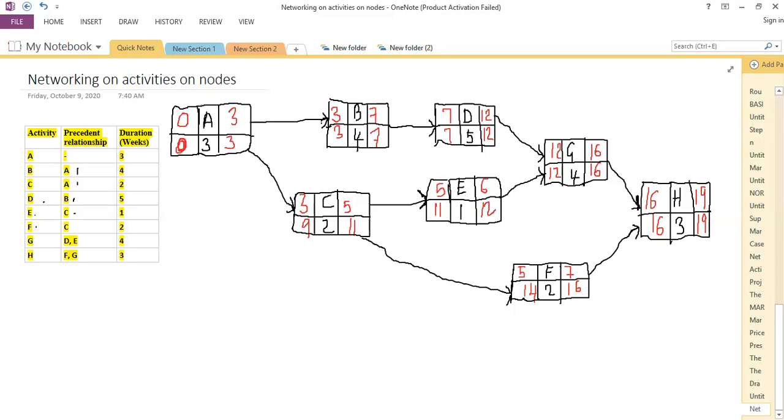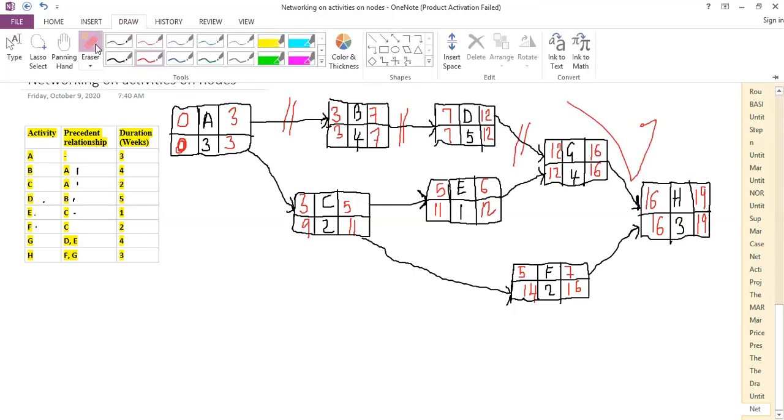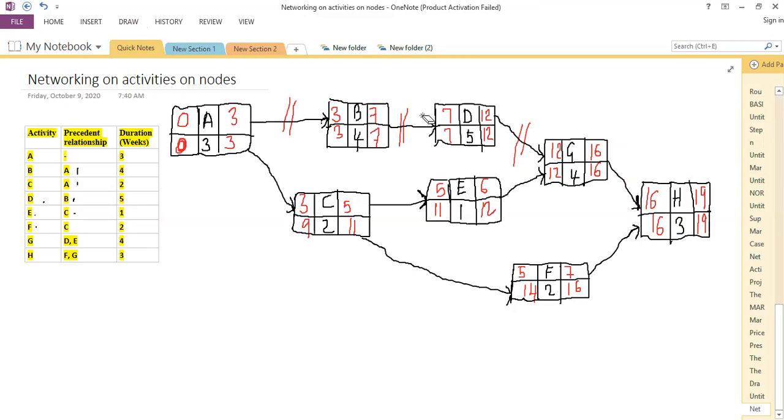Our node A here, for activity A, B, D, G, and H fulfill that condition, and therefore this should be the path to follow as we network, should be called our critical path now. We come and call that the critical path.